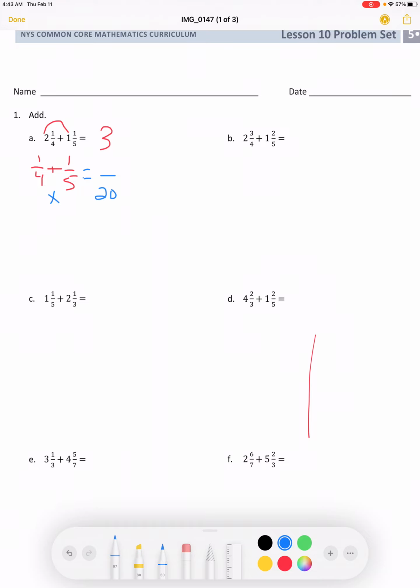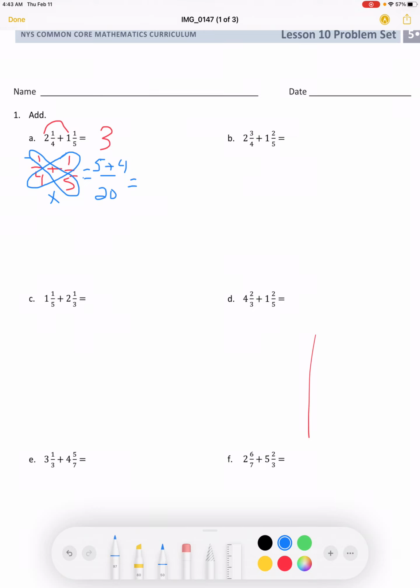Very good. Now we're going to use the butterfly method in order to get our numerators here. So we're going to multiply 1 times 5, which equals 5, and then we're going to butterfly the other side. Multiply 4 times 1, which equals 4. And because this is an addition problem, we're going to add our numerators together.